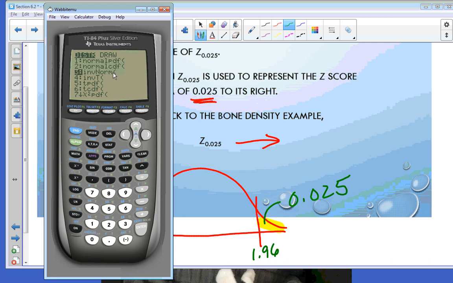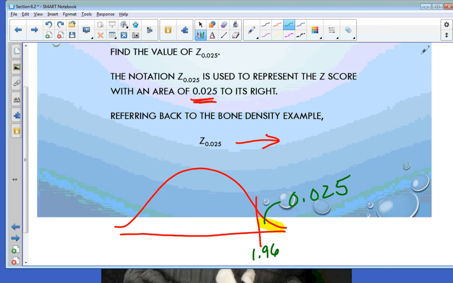So I'm going to be able to put in the area, and it's going to give me the z-score. So here's the problem. It wants the area, the same as the table, from the other side, from the left going to the right. Again, we're going to use the fact that we know the entire area is 1.